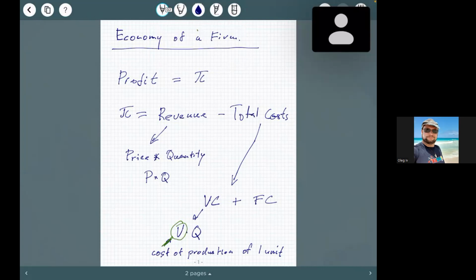And fixed costs are mostly investments. Yeah, it's a bit hard to read. Now let me rewrite it.